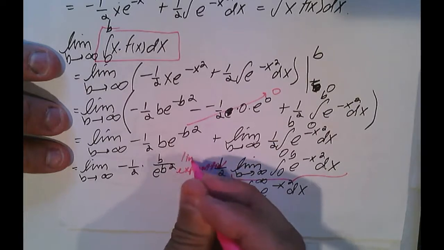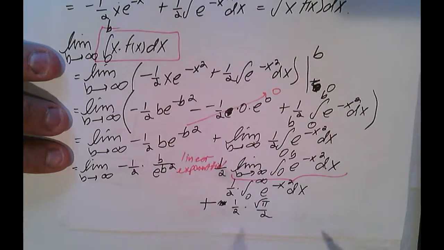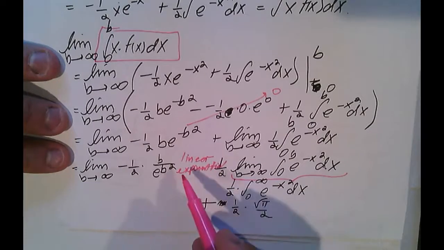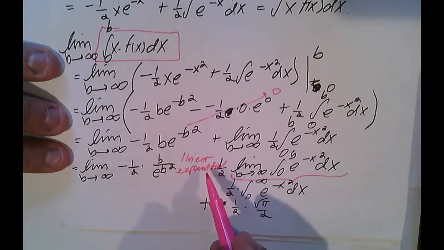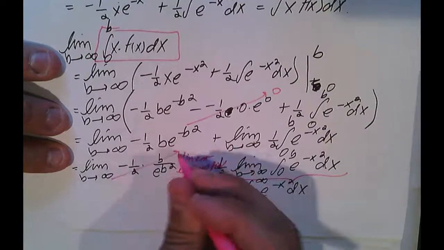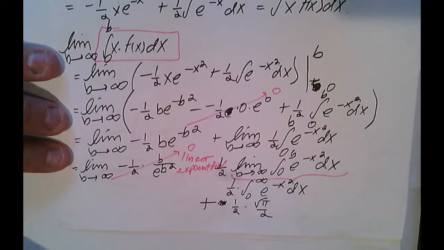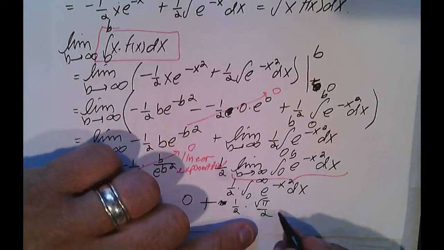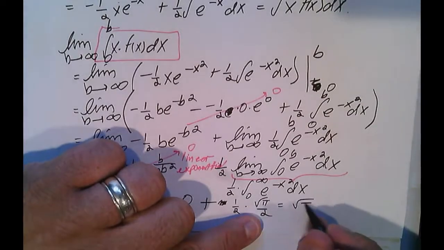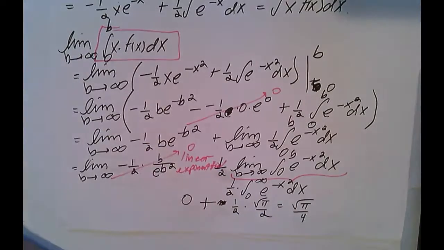You have a linear expression in the numerator, exponential in the denominator. Which one grows faster? Well, the exponential grows faster, which means that this whole limit is 0, and your final answer is going to be 0 plus 1/2 the square root of pi over 2, so you're going to get the square root of pi over 4.